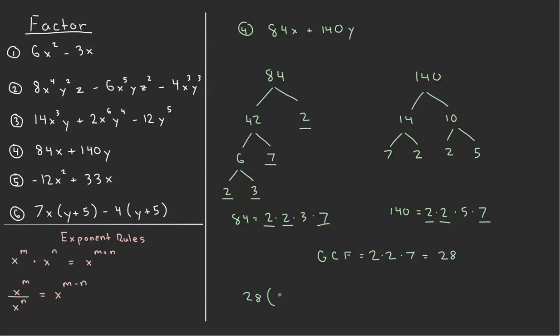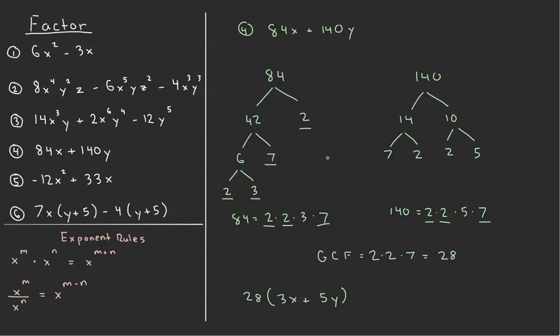Well, you may have a calculator, but 3 is going to do the trick there. And then we have an x. And then 28 times what will give us 140y? Let me drop the positive sign here. We have a plus. 28 times 5 will give me 140. And then we have a y sitting right there as well. So 28 times 3x plus 5y will give us our original expression. So we could see that this is now the factored form.